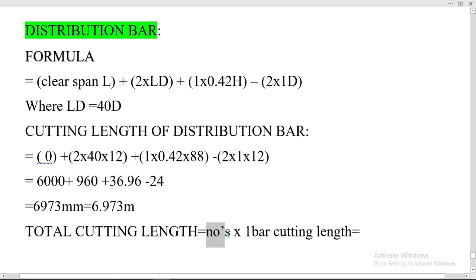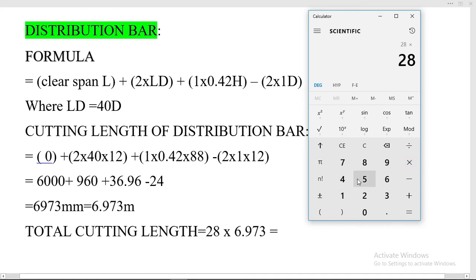Multiply the 28 number of bars with one cutting length, we have 6.973. Let me calculate it on the calculator. 28 number of bars into 6.973, so 195.24. Let me take it 196 meter.